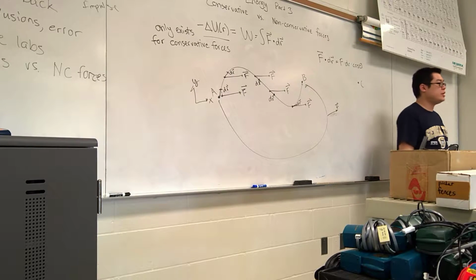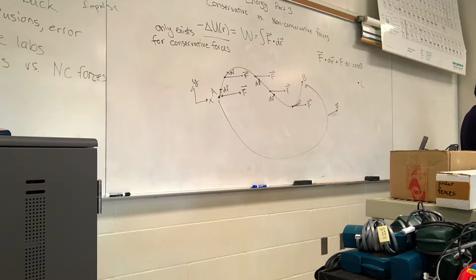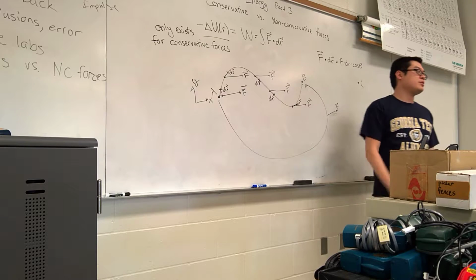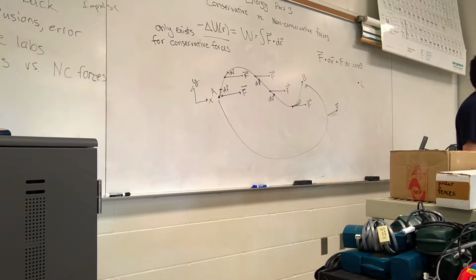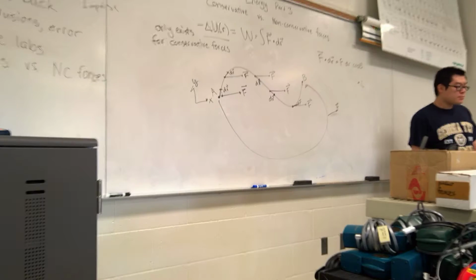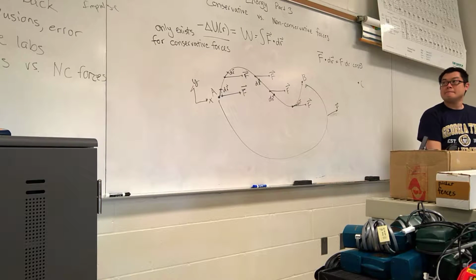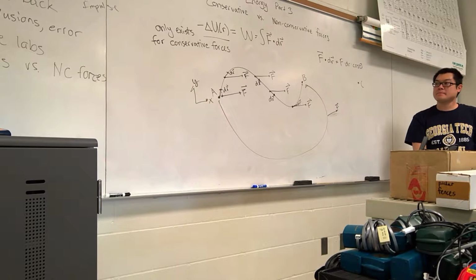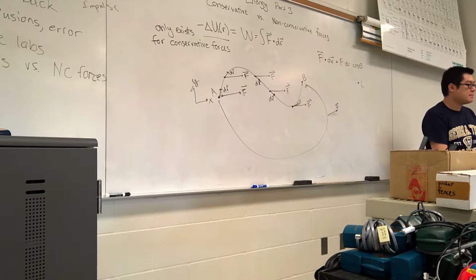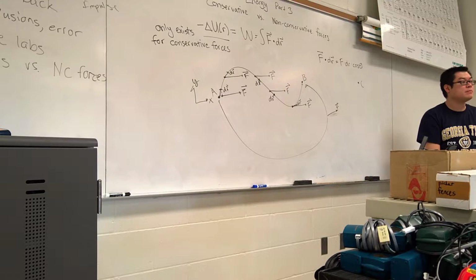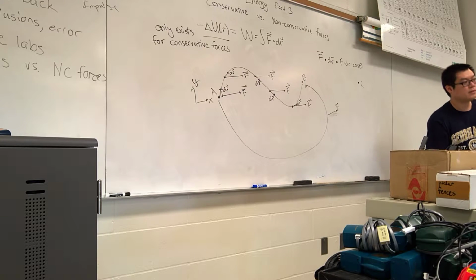Delta U is the change in potential energy, whatever it is. So you could say gravity, you could say spring, you could say electricity. So only a conservative force can have a potential energy.